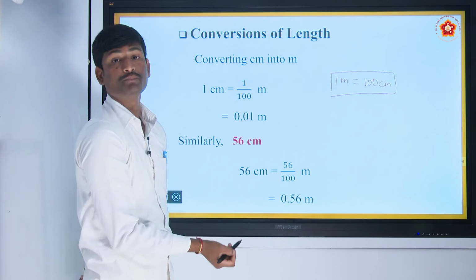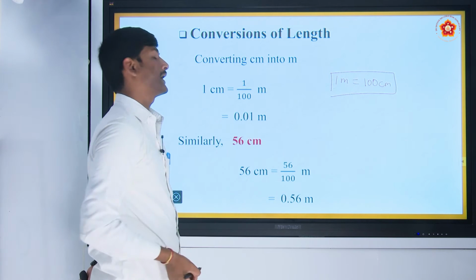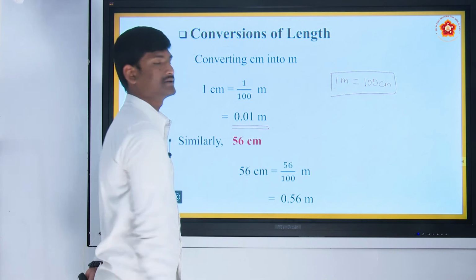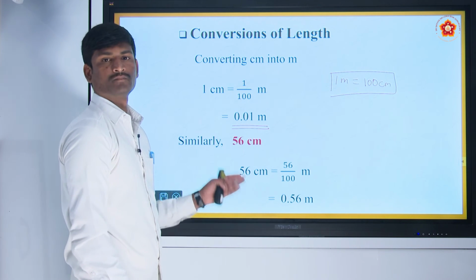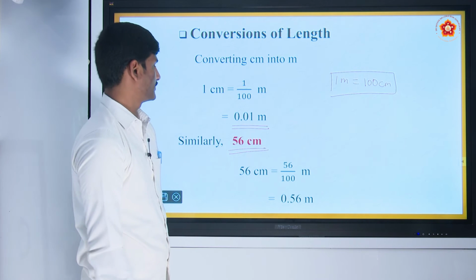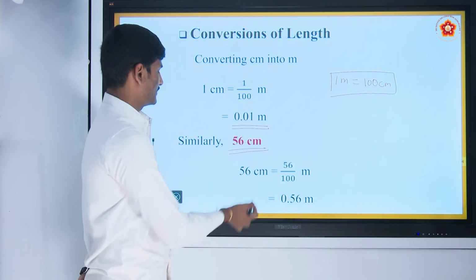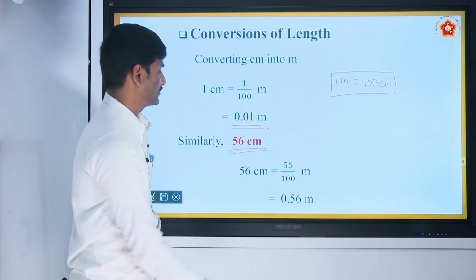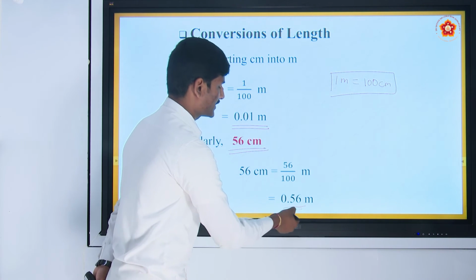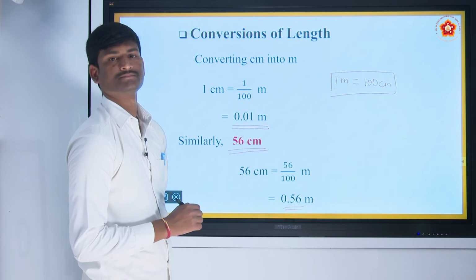Converting centimeter into meter, 1 centimeter is equal to 1 divided by 100 meter. In decimal notation, 0.01 meter. Therefore, 56 centimeter is equal to 56 divided by 100 meter. Then we convert the fraction to decimal, 0.56 meter. Okay.